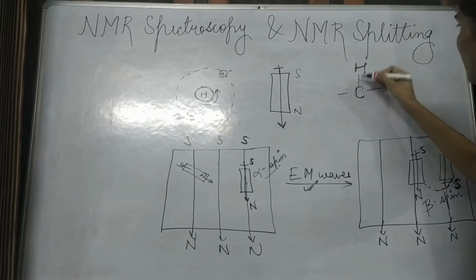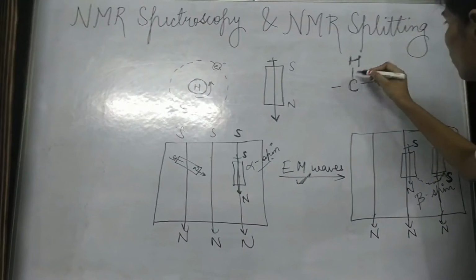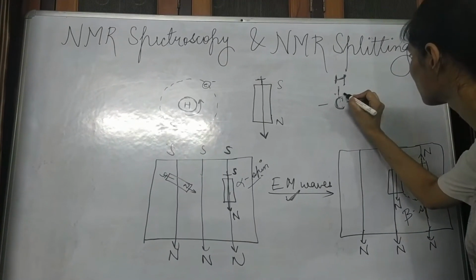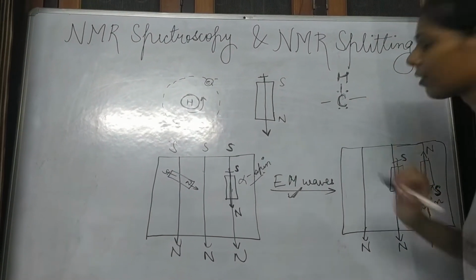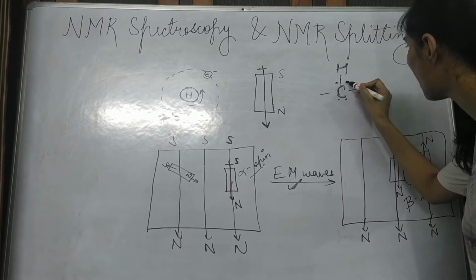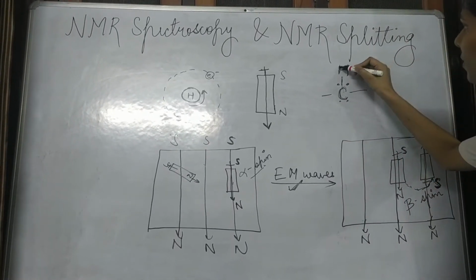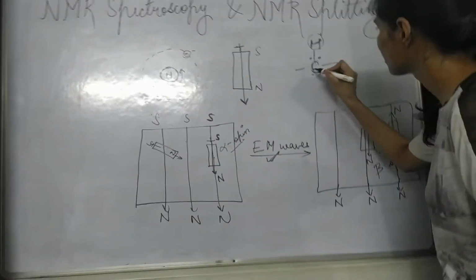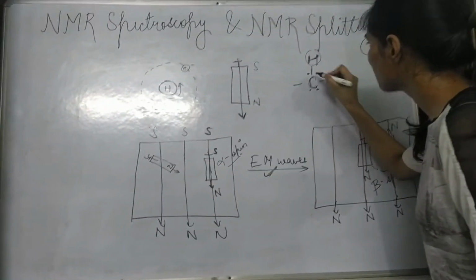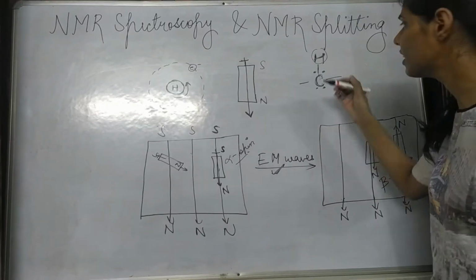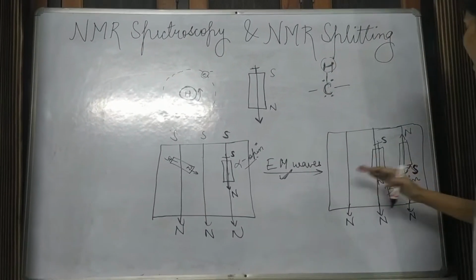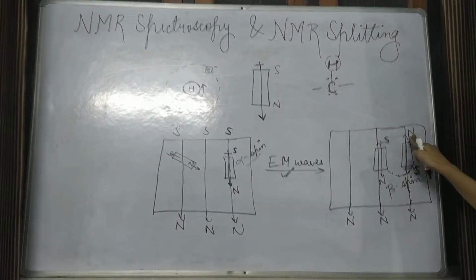Then what happens here, this hydrogen atom is linked to a carbon atom, and this carbon atom has many electrons. So the magnetic property of this hydrogen atom will be shielded by these electrons. This is known as magnetic shielding or diamagnetic shielding. So this shielding by the electrons will affect the extent to which this beta spin happens.